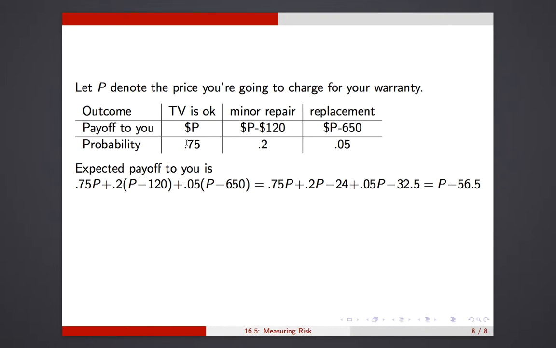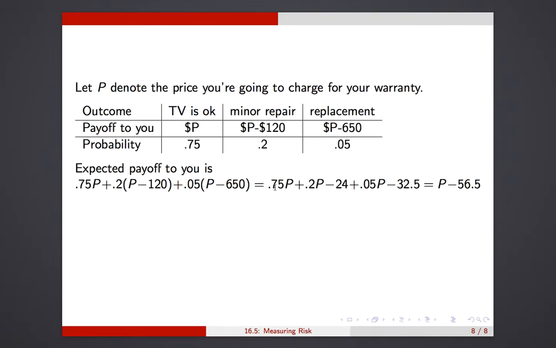So as the owner of the store, as the seller of these warranties, your expected payoff is whatever price you charge minus $56.50. Just to be clear, this first expression was gotten by just multiplying down, add, multiplying down, add. These equal signs are just simplification. So 0.75p plus 0.2p, what's that?